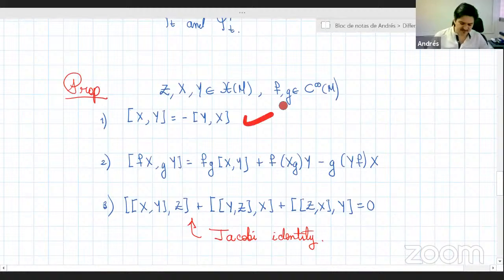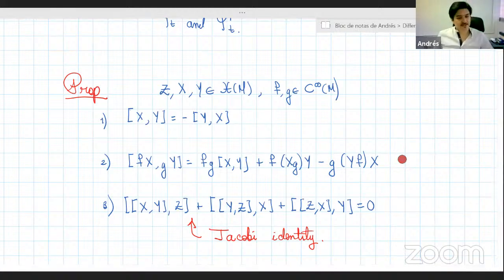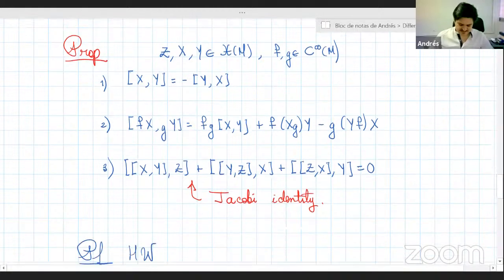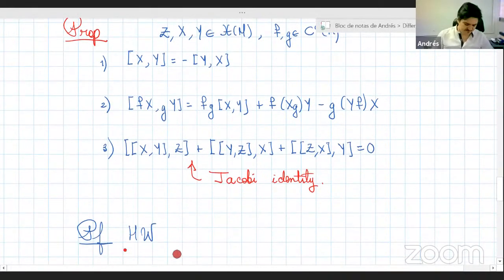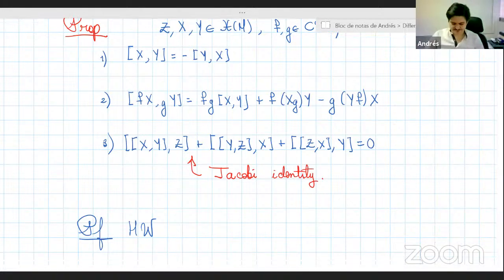The first one by definition, but these two are just algebraic manipulations of the differentials. Nice. So work it out on your own. If you have any questions, get back to me. Okay, I would prefer to move on.